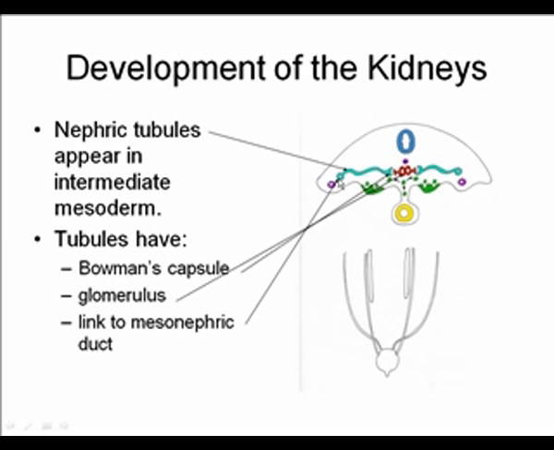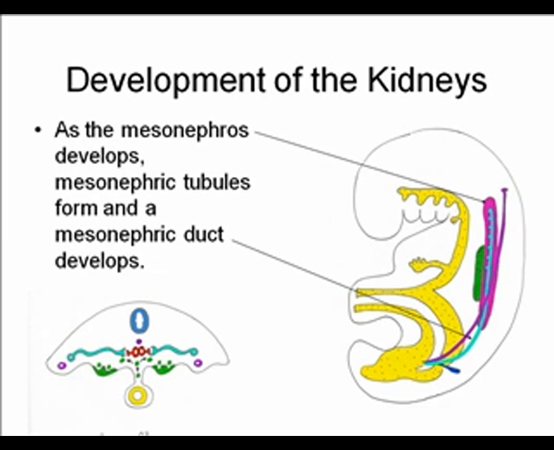The mesonephric duct then will connect segments of nephric tubules. Here we can see in blue this mesonephric duct as it's going to connect the different tubules, which you can see here, which empty into it.